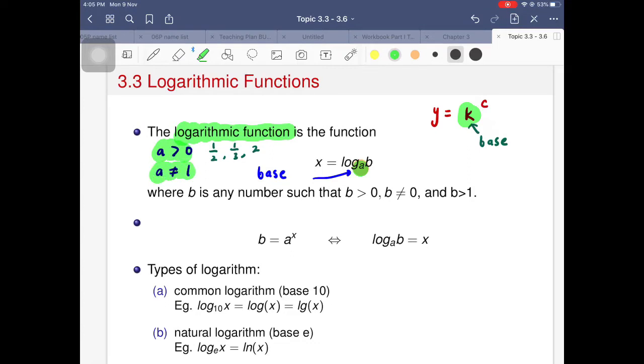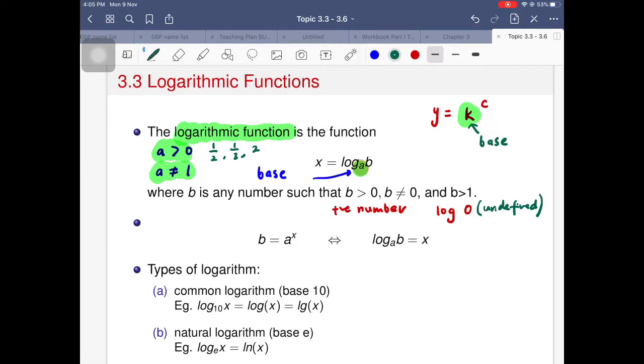For b, there is also a restriction on its value. b must also be greater than 0, which means it should be a positive number. And b cannot be equal to 0, because if I have log of 0 and you use your calculator, you can try it on your own and verify that, you will be given a math error on the screen, which means that log 0 is actually undefined.